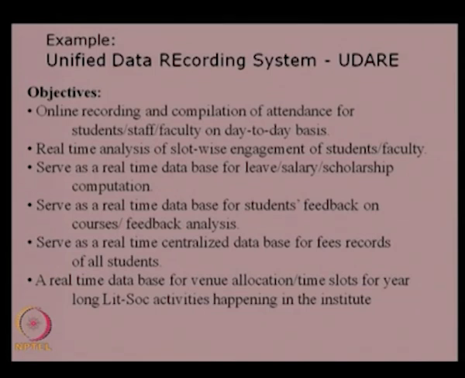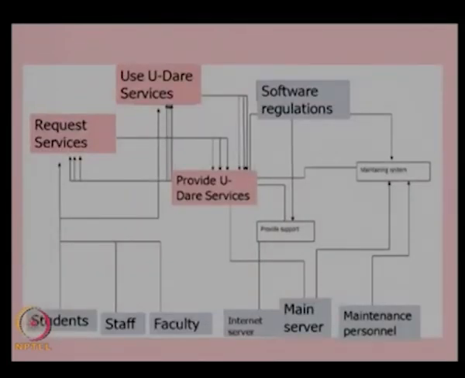If you look at this system, you can see that it encompasses many subsystems and external systems, and it requires a systems approach in the development of the whole UDARE system. If you look at the external system diagram, you can see that the students, staff, faculty, internet provider, main server, and maintenance personnel are the external systems directly interacting with the main UDARE system, and the UDARE system will provide the services we already discussed.